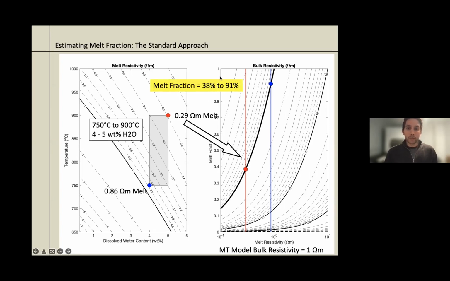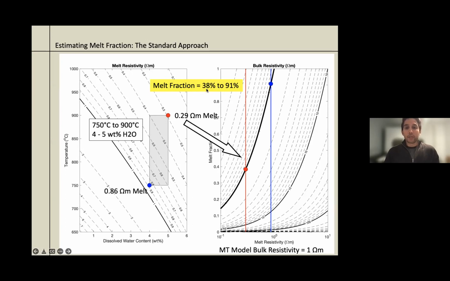So that would be your final interpretation, given all this, that you have a magma reservoir that's 1 ohm meter with a melt fraction between 38% to 91%. So the first issue that often crops up, and this happens in many different studies, is that this range is really, really large, right?